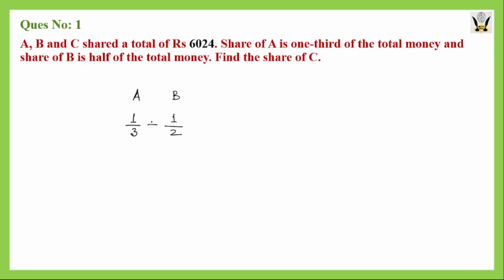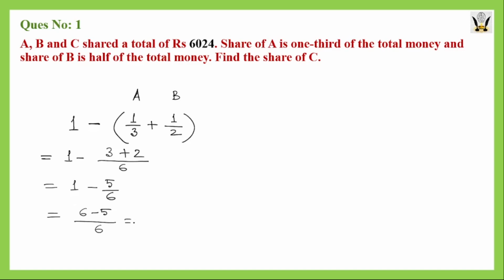So if we add these two, then we will get the total share of A and B. And if we assume that the total money is 1, from the total value which is 1, if we subtract the share of A and B, then we will get the share of C. So it will be 1 minus 5/6, that means 1/6 of the total money.